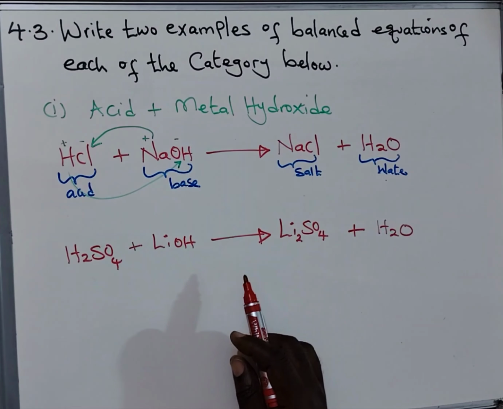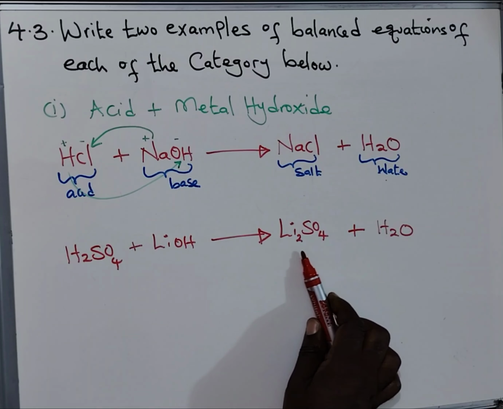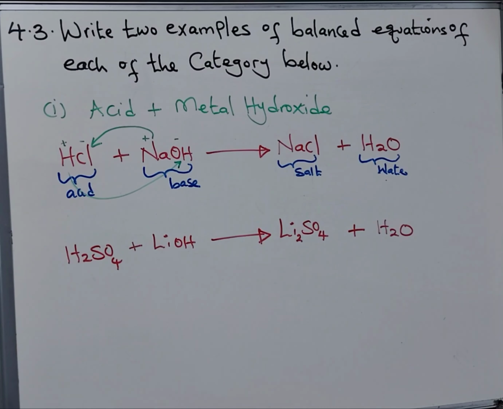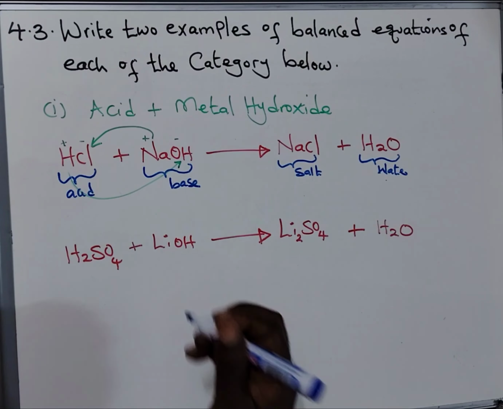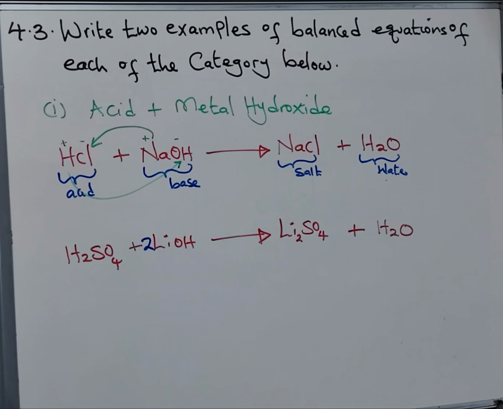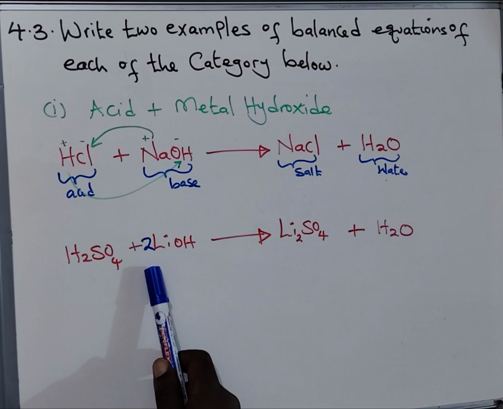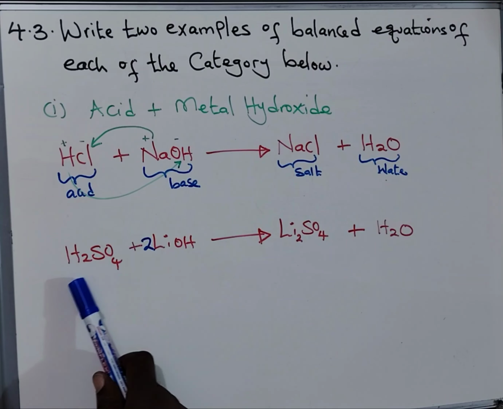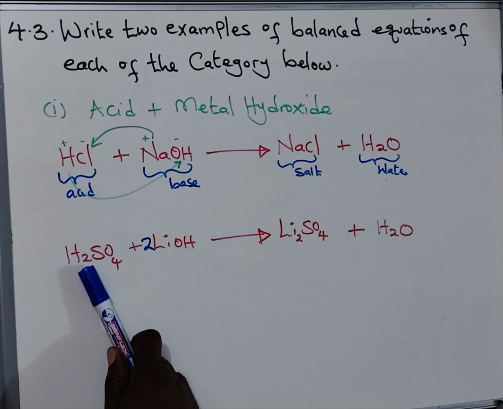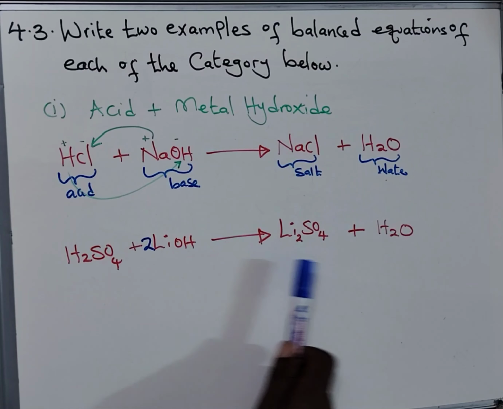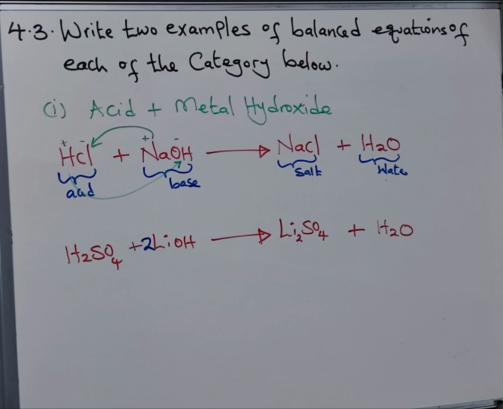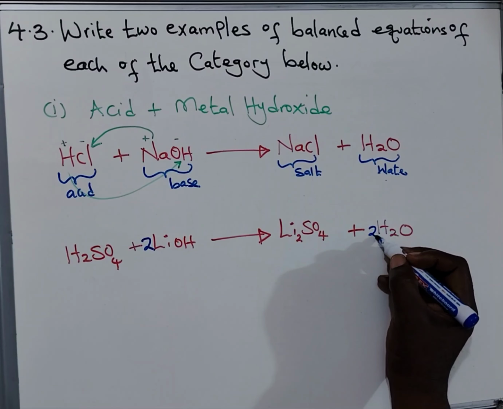But they said balanced. So you look at this, lithium is 2 and this one is 1. So to balance, you put a 2 here. So lithium is balanced. But balancing of lithium makes hydrogen this side to be 4, because we have 2 hydrogen here and 2 hydrogen here. So to balance that hydrogen that side, you put a 2 here.